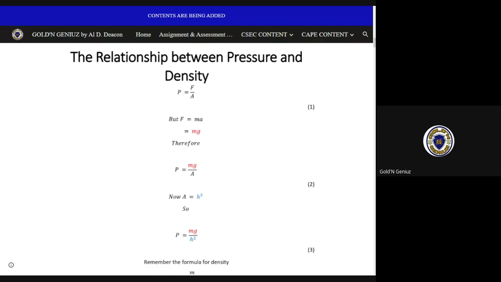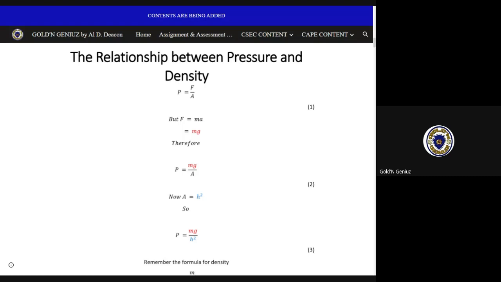So where I see F, I just take what F means. F is weight, and weight is equal to mass times acceleration due to gravity. So mg, when you calculate mg, you're still going to get F. That is mass times acceleration.